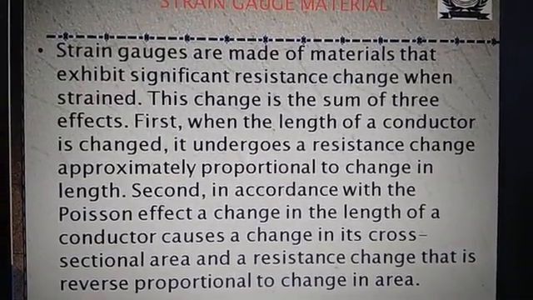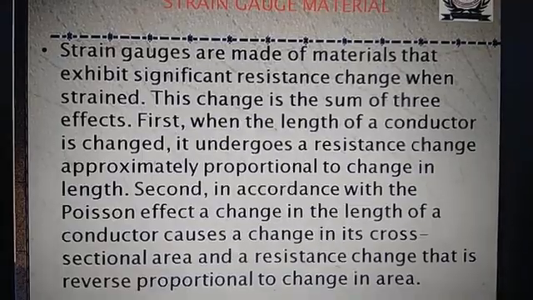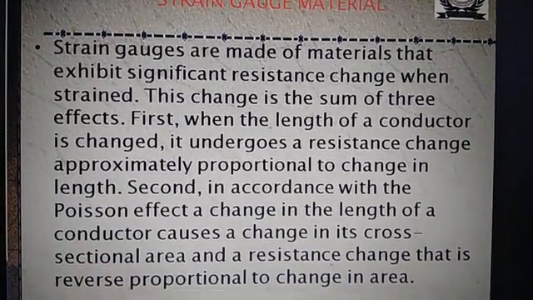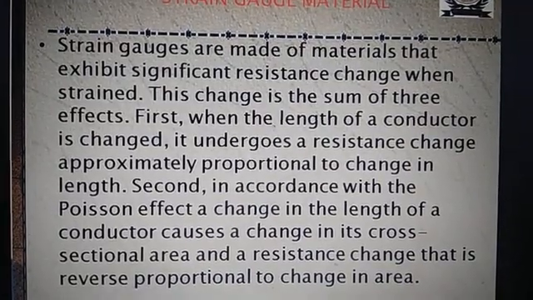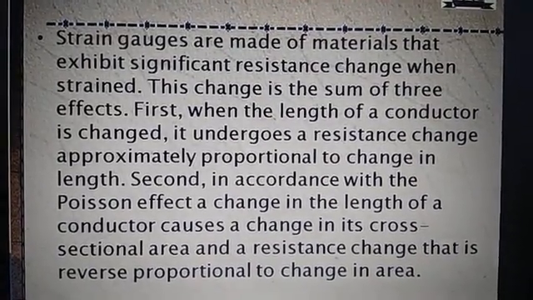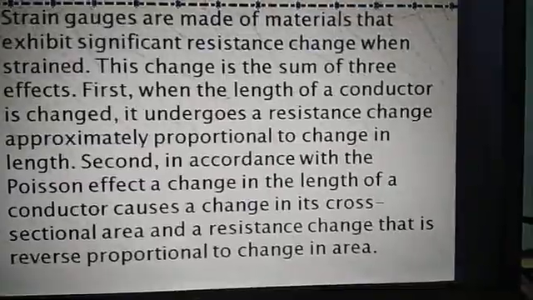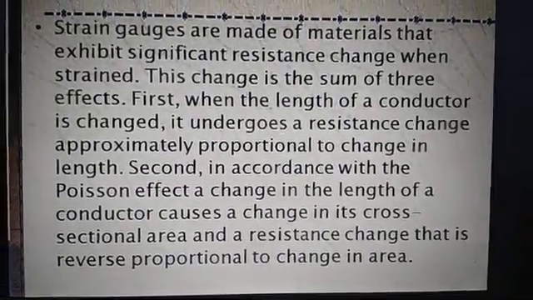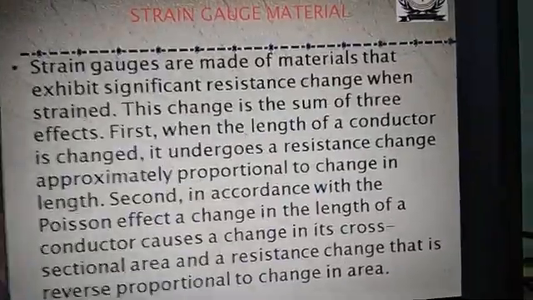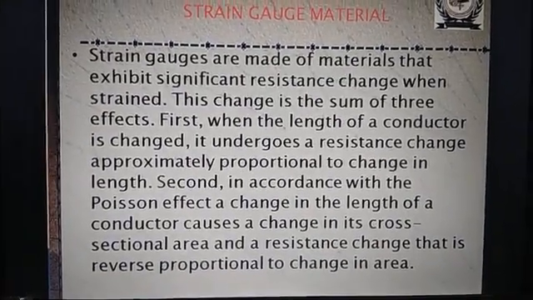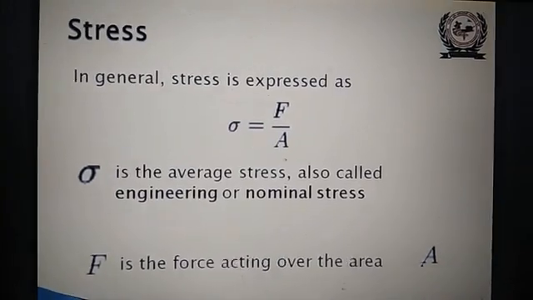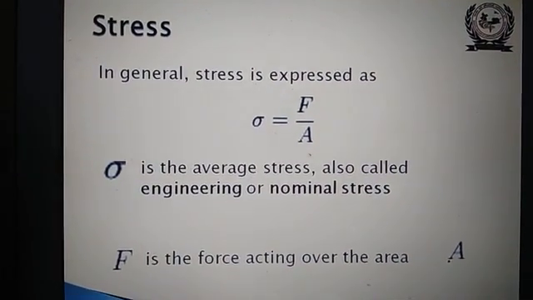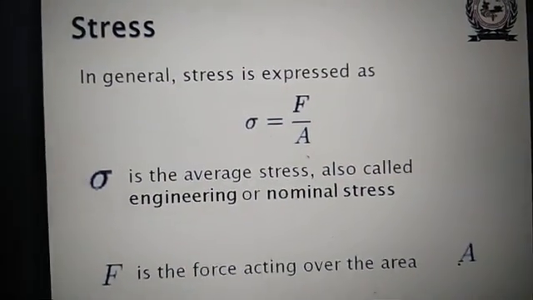Second, in accordance with the Poisson effect, a change in length of a conductor causes a change in its cross-sectional area, and a resistance change that is inversely proportional to the change in area. So this is the strain gauge material.